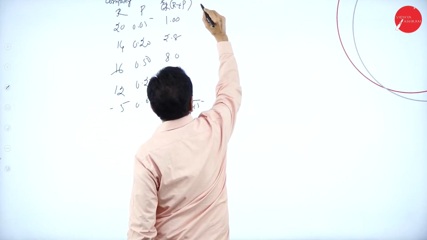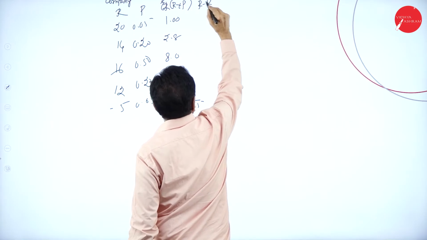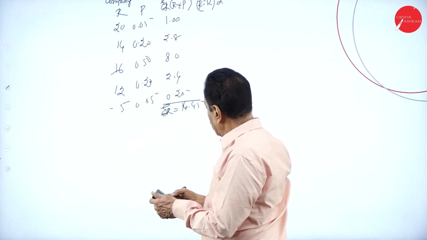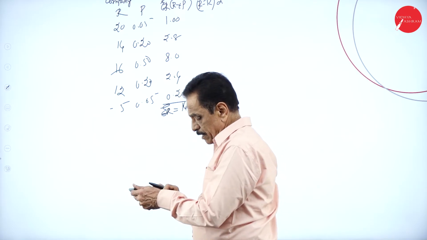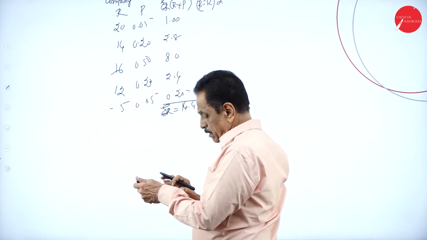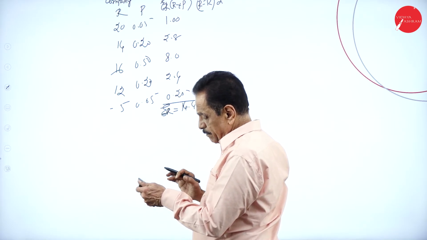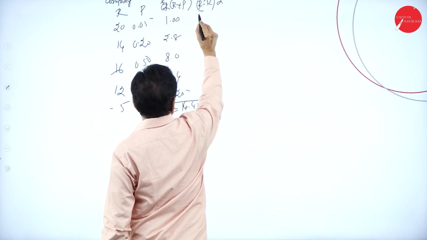Then here R minus R mean, this is dy. 20 minus 14.45, 5.55.